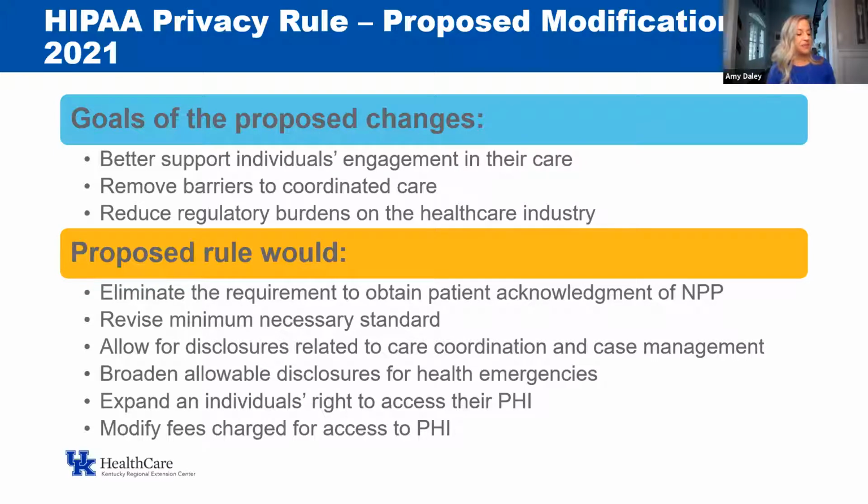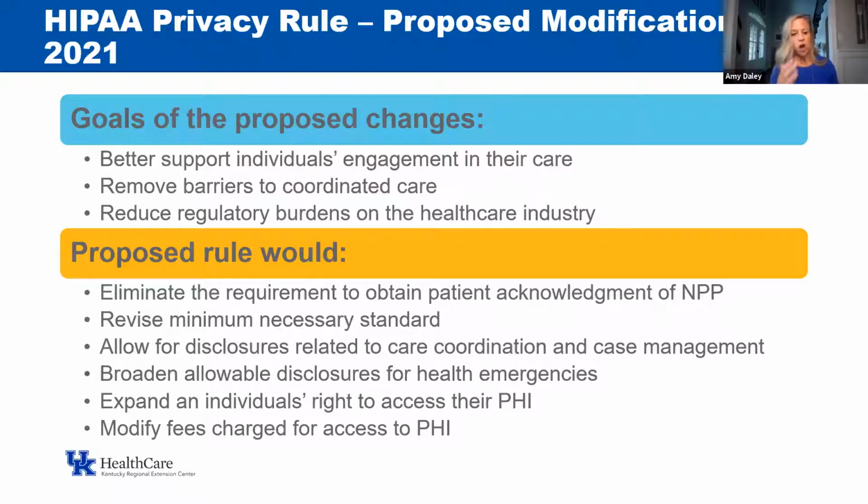Basically, it relieves the requirement for uses, disclosures, or requests by or to a health plan or covered healthcare provider for care coordination and case management activities with respect to an individual, regardless of whether such activities constitute treatment or healthcare operations. There's a lot more information in the proposed final rule about how that takes place and guidance around that. But as a summary, just know that they're looking to revise that standard.